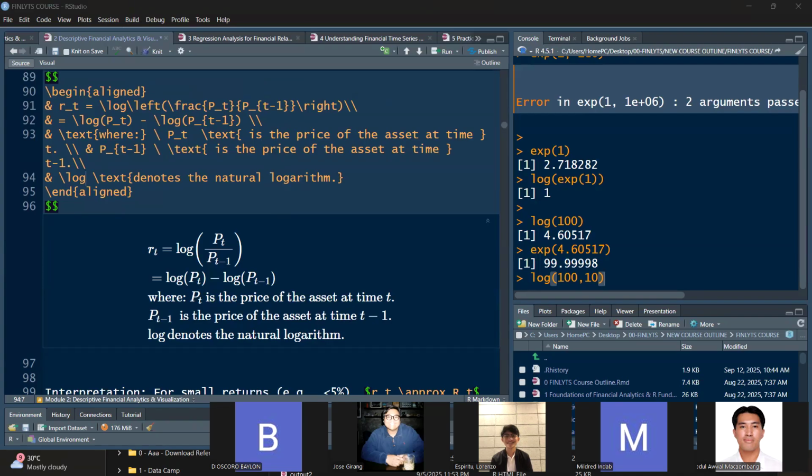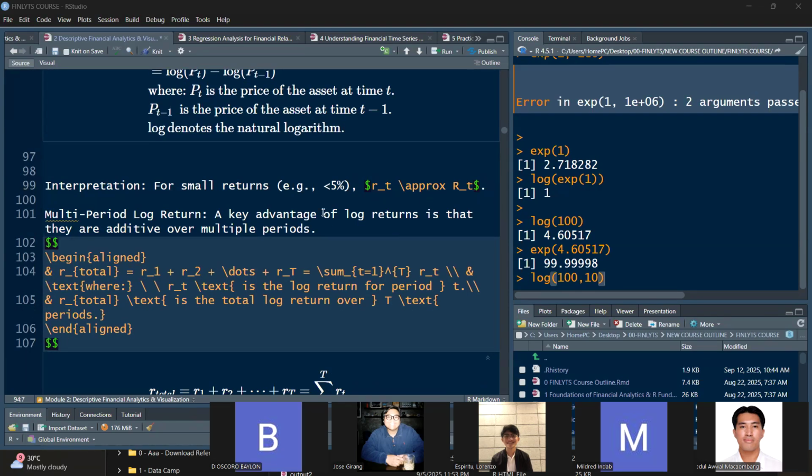Formula for the log. Okay, good. Thank you. All right. So as we said, in this class we're going to use the log formula and not the simple returns.